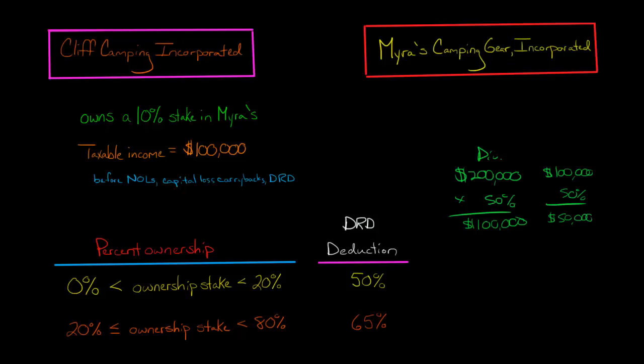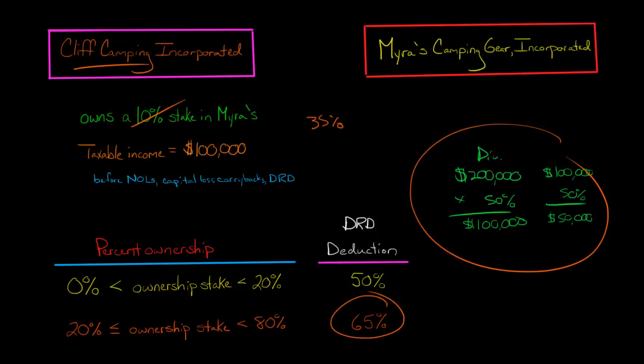So basically we're saying, normally the dividend received deduction would be $100,000, but in this case the income times the percentage for the dividend received deduction would yield an amount that is less than the normal dividend received deduction. So this becomes the dividend received deduction, $50,000. And if Cliff Camping owned 35% of Myra's Camping Gear instead of 10%, we do the same thing, only we would use 65%.